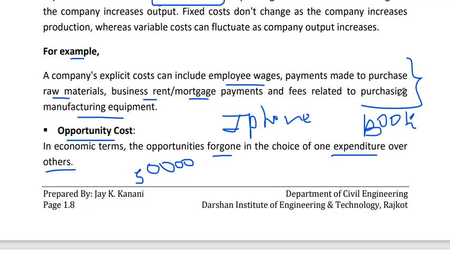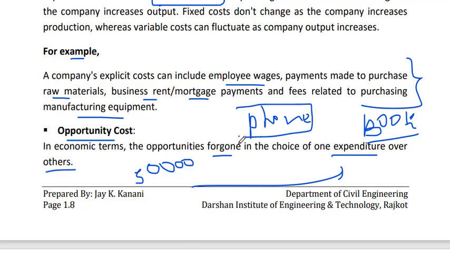For my budget, I can buy only one thing, either a phone or a book. Now let's say I have more requirement for the book than the phone. I have to read, and I have an exam in 1 month. So I will buy the book for 50,000.